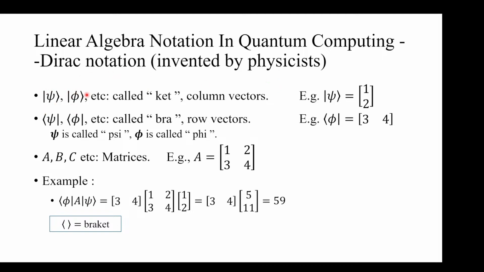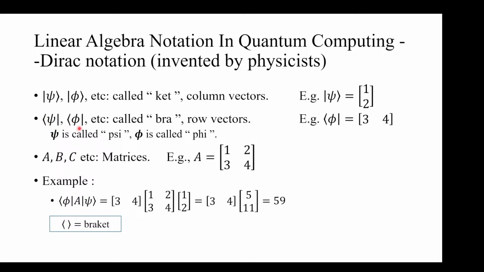This is called a ket, a straight line with an angle, and you can have different symbols inside. For example, we have psi ket and phi ket here, and this notation really just means column vectors. For example, psi ket here is a two-dimensional vector 1, 2.